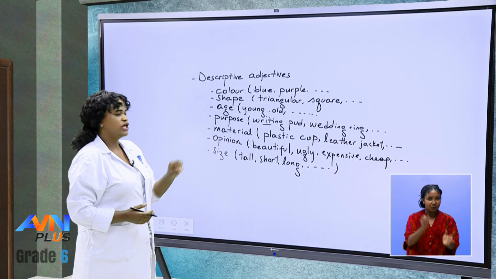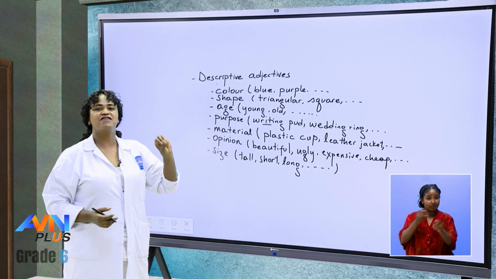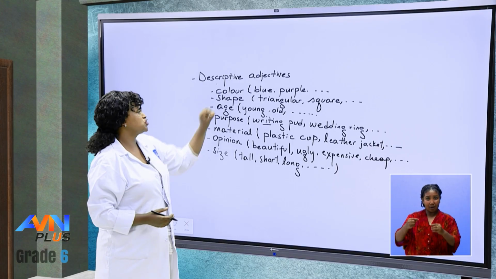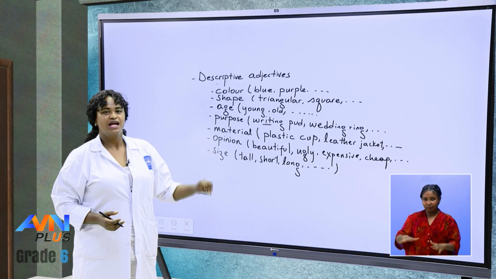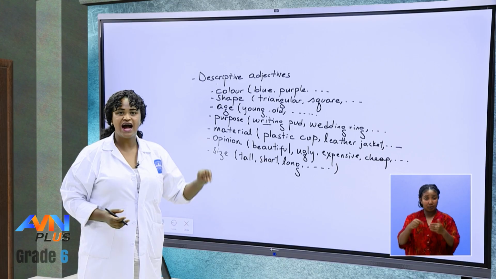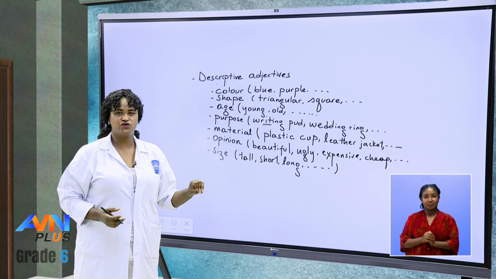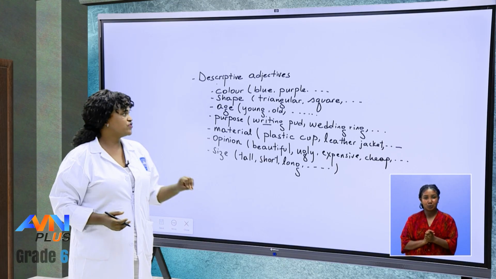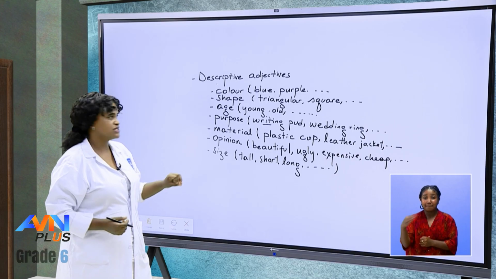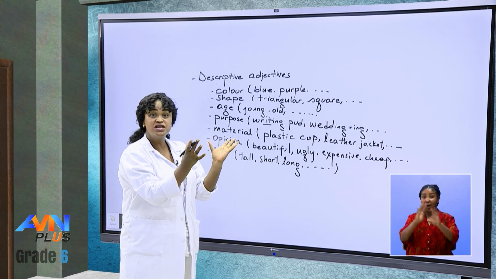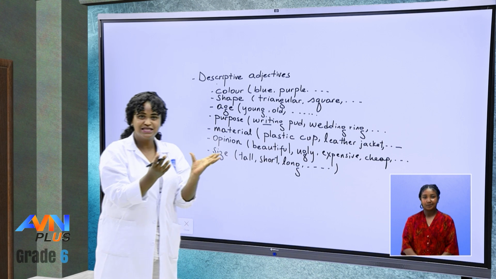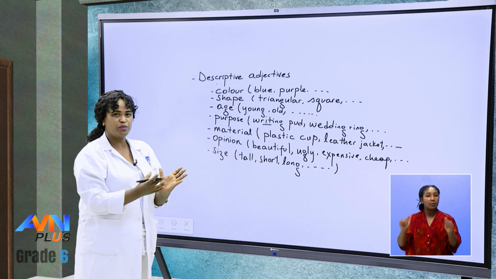For example, if you remember, when I described my friend, I used most of these adjectives. Especially when I talked about her eyes, which one did I use? Yes, I used the color. I said bright brown eyes. And how about when I talked about her in general?